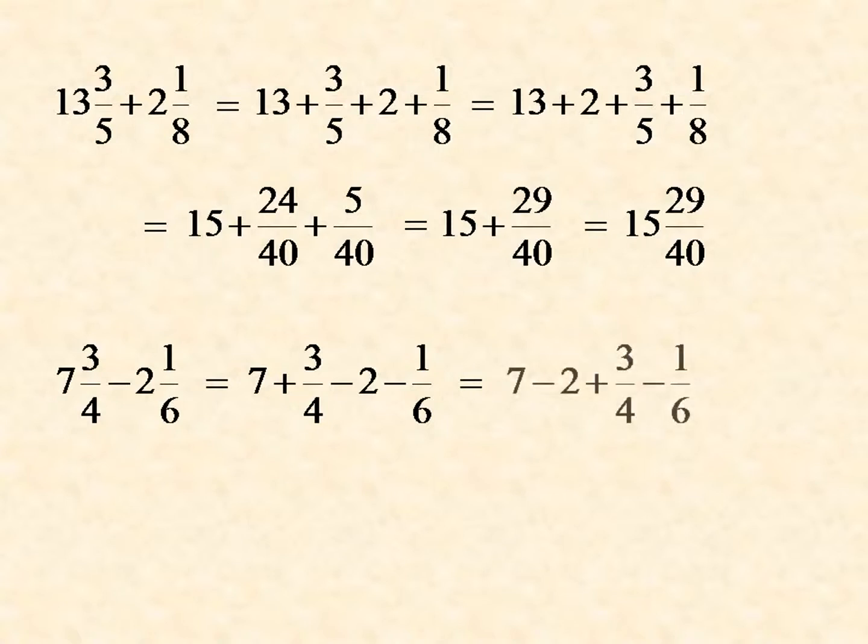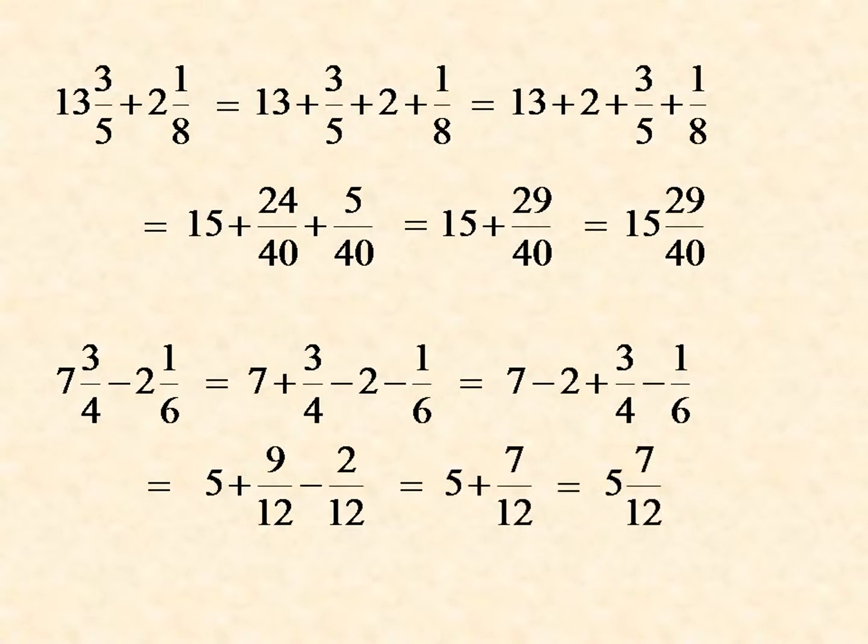Taking the whole numbers, we have 7 minus 2, and the fractions, we have plus 3/4 minus 1/6. 7 minus 2 is 5, and to handle the fractions, we need a common denominator, which in this case is 12. So we rewrite the 3/4 minus 1/6 as 9/12 minus 2/12. This gives us 5 plus 7/12, which is 5 7/12.